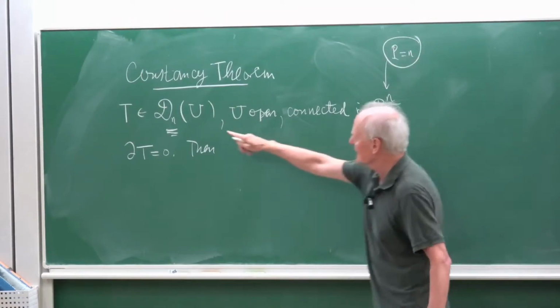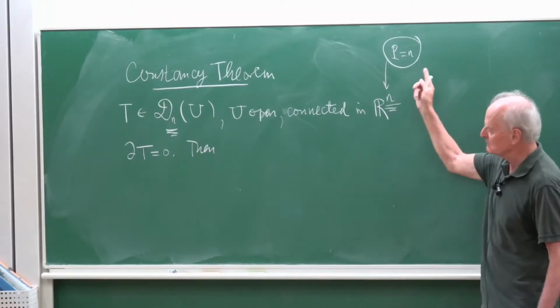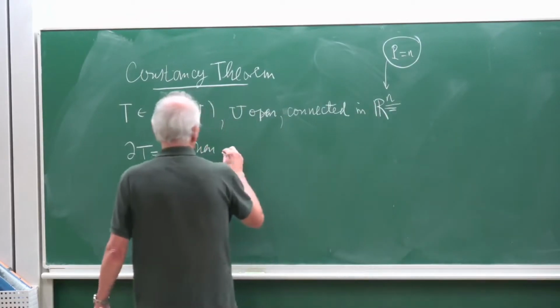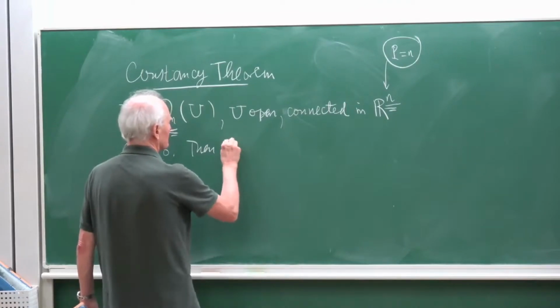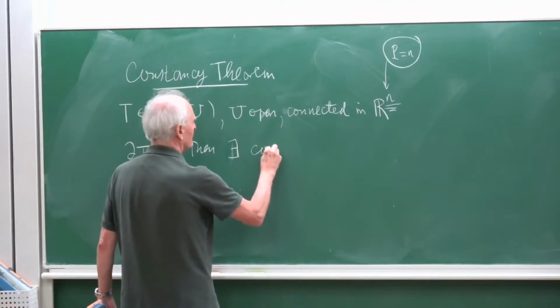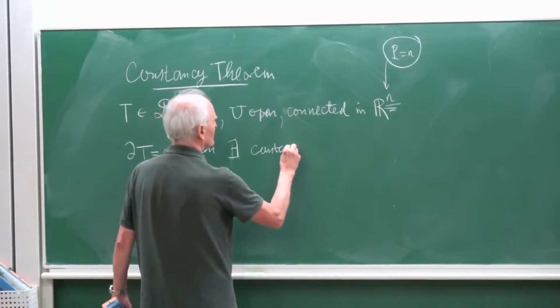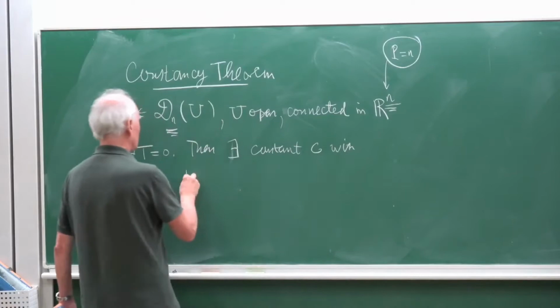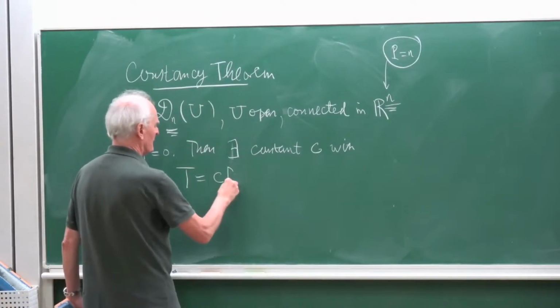Normally we'd have an n-current in R^p where p was bigger than n, but in this case p equals n. Then there exists a constant C with T equals C times [U].